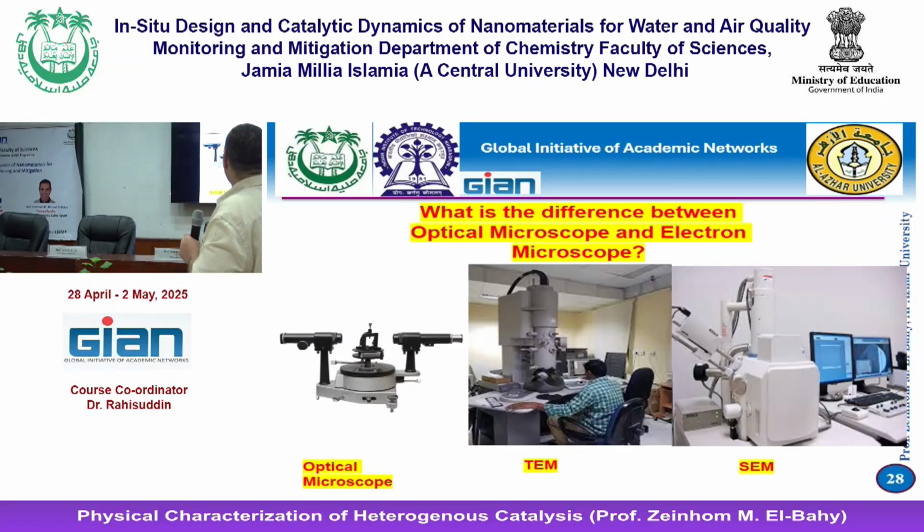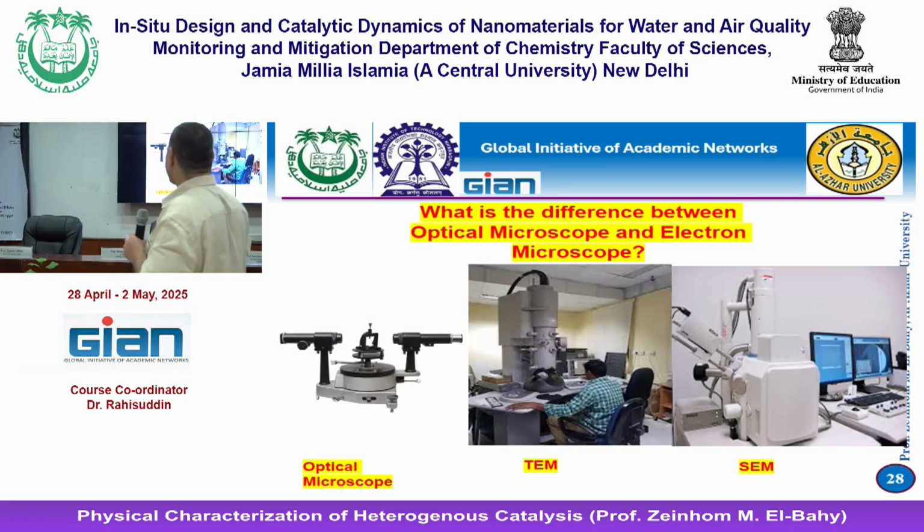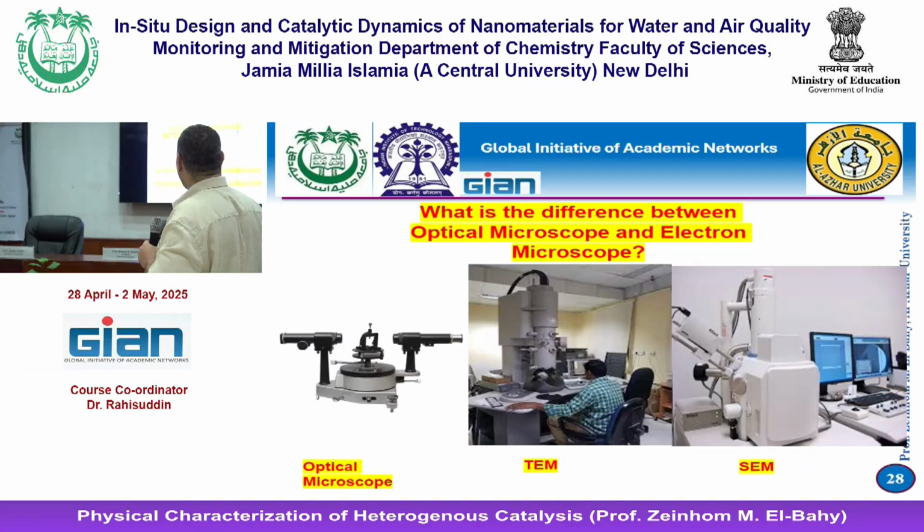This one is SEM. It can't go to nanometer scale, but it will go to micrometer scale and you can see it. And this is TEM. Of course, it's huge because it has many sophisticated equipments and parts.